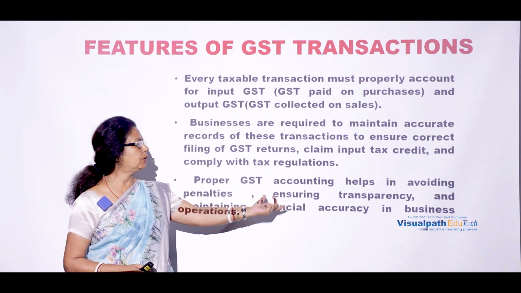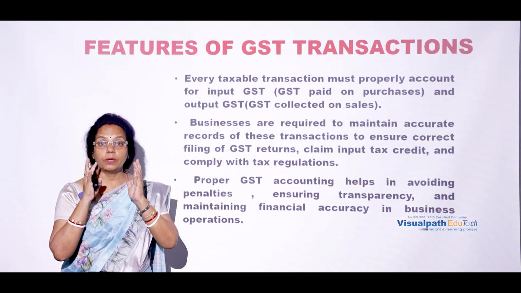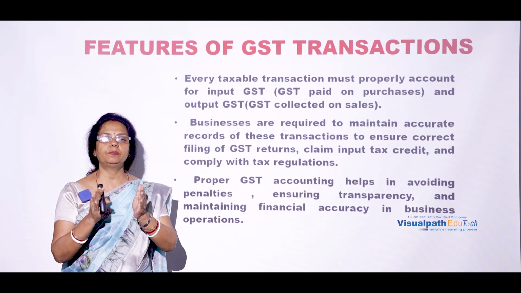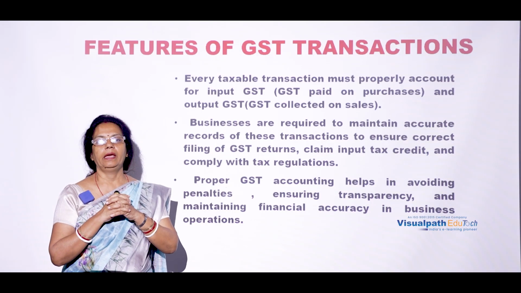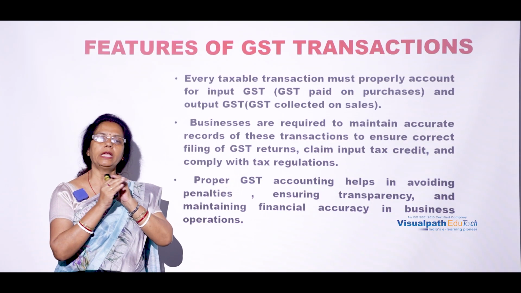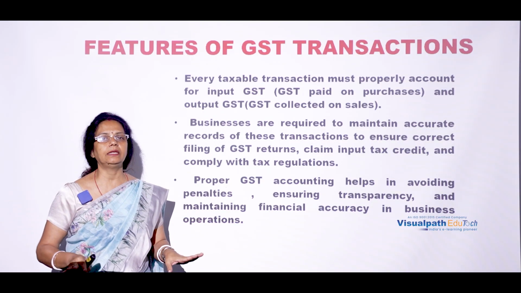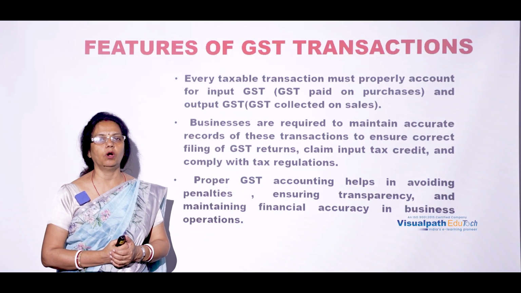Secondly, ensuring transparency. In case of maintaining accurate transactions, transparency should be there. Everything should be visible to everyone. You should not hide anything in case of GST. Otherwise, again, the word penalty will come.